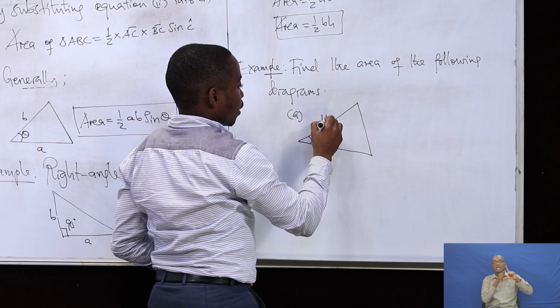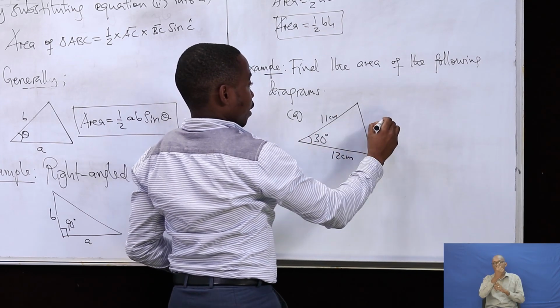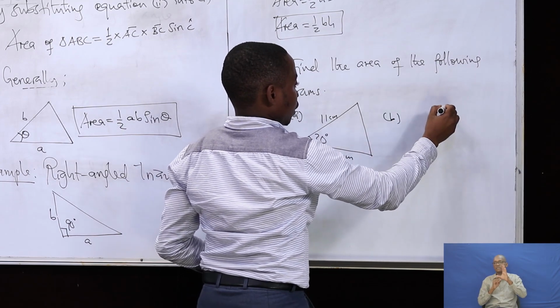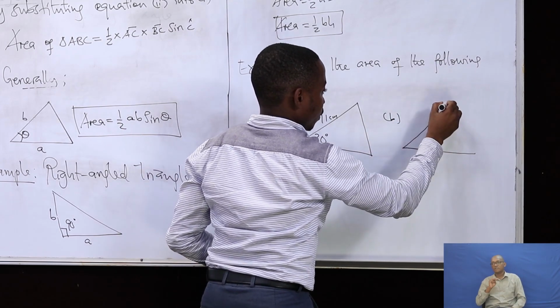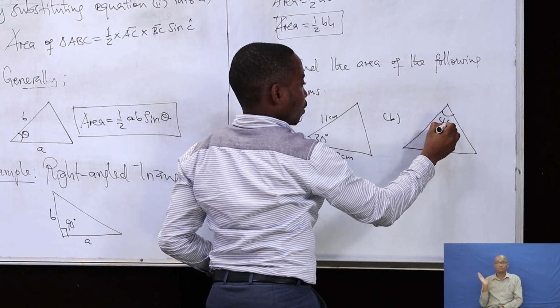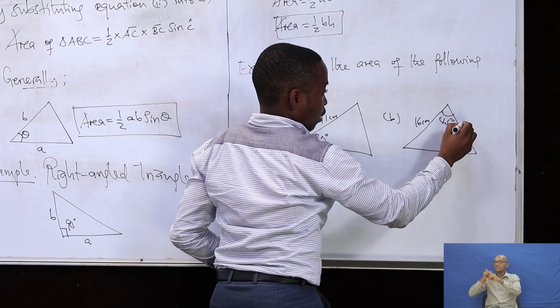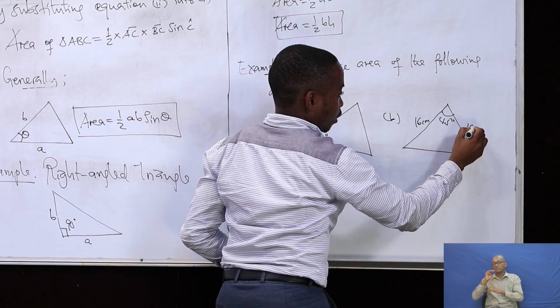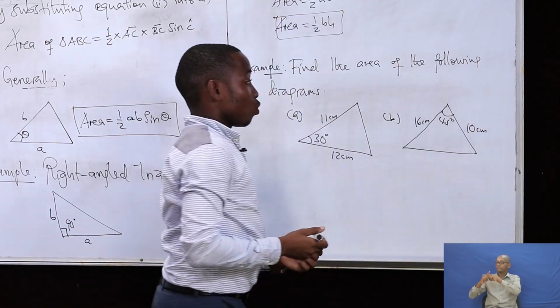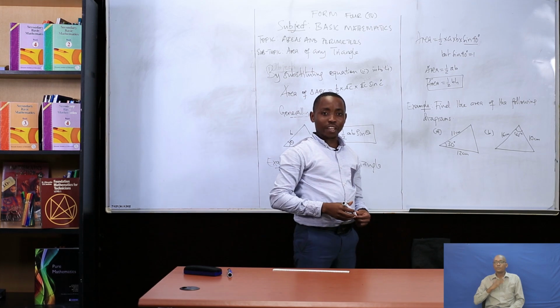Here it is 11 centimeters, and this one is 12 centimeters. Diagram B, let's say you have your triangle, this one. Here you have 45. This one is 16 centimeters, and here you have maybe 10 centimeters. We need to find the area for those two triangles.